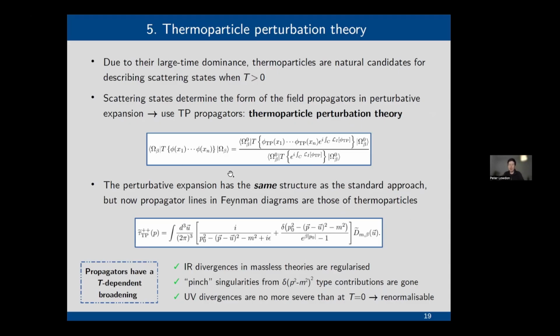So if you just follow exactly the same prescription as you would do in the vacuum theory or the standard formalism, you then just do an expansion of the exponential here, and this generates all of the diagrams.